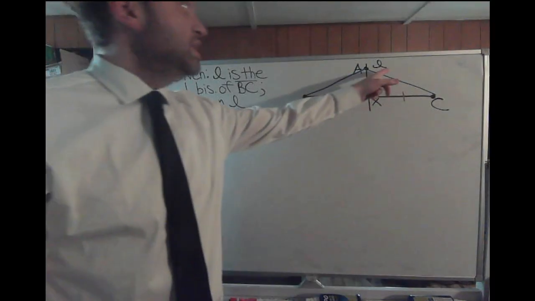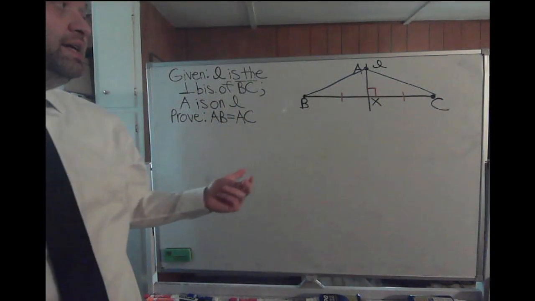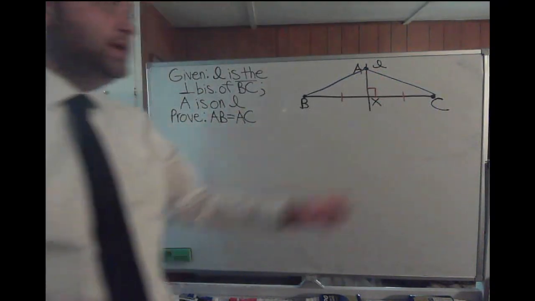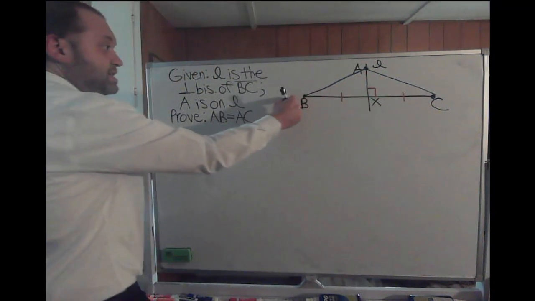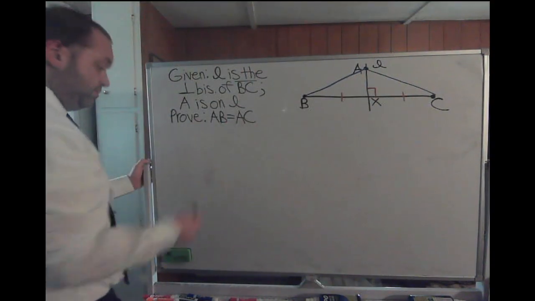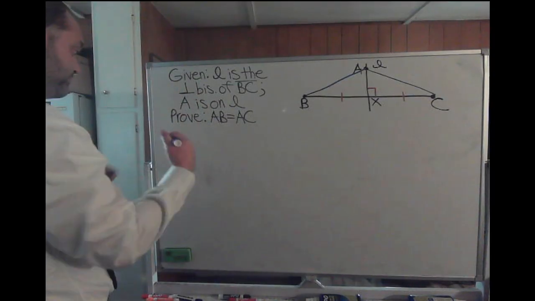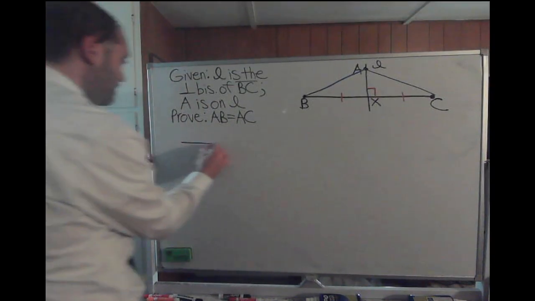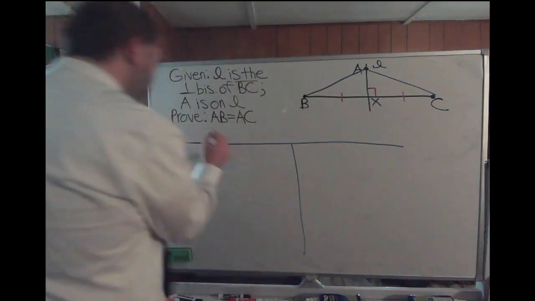So in other words, line L is the perpendicular bisector of line segment BC, and point A lies on L. We're going to try to prove that A is equidistant to B and C. That's why we have AB equals AC. So let's go ahead here and let's set up our proof. And this won't be as bad as you think.